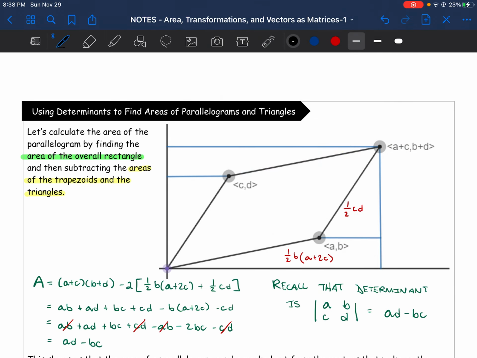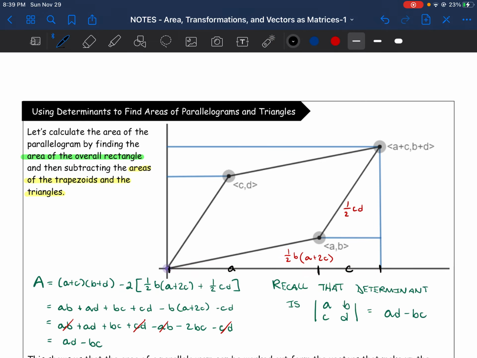I'll pick black. Going all the way across, from here to here, that's A. From here to here, that's C. So we can see that the entire length is A plus C.